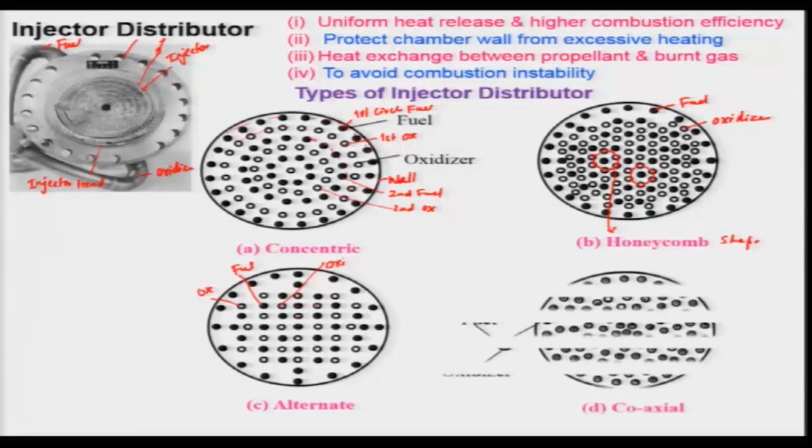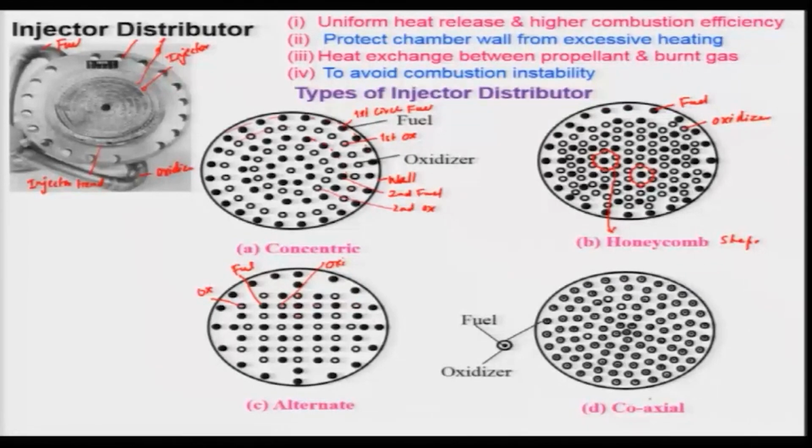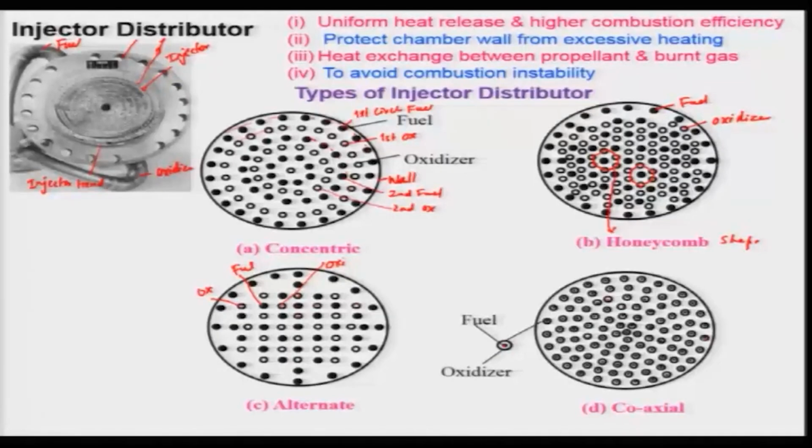There is another one which is used very much, known as coaxial. If you look at this, your fuel is the center one and the oxidizer is around it, and this is used particularly for cryogenic engines. In this case, which I have not shown, the wall has to be protected properly, because the oxidizer is coming around the wall.